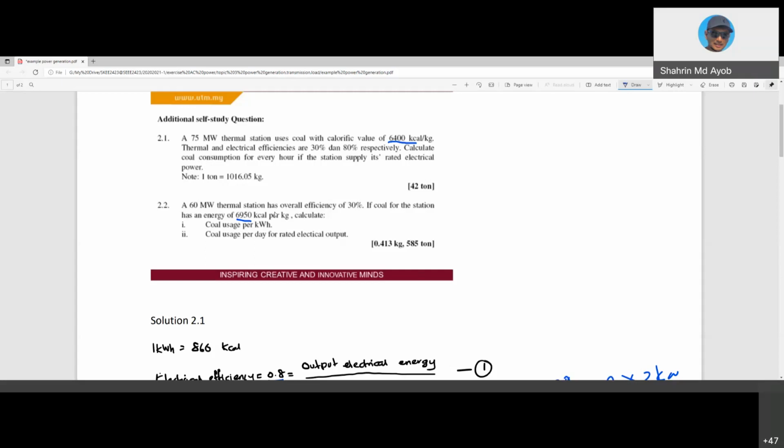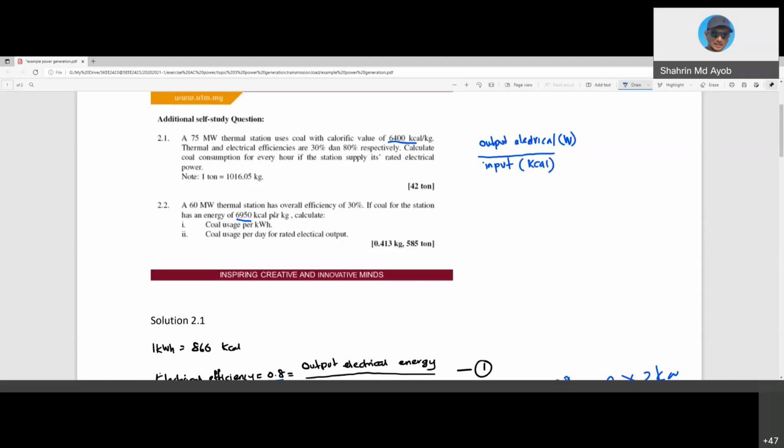Okay, so you have the equation: the electrical output over input, in calorie.